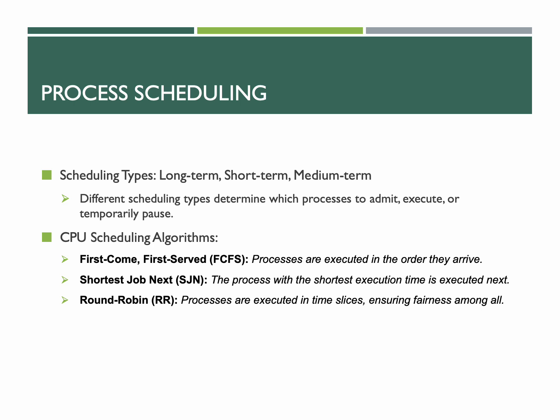It is efficient for batch systems, but it may cause starvation for longer processes. Last, we have round robin. Processes are executed in time slices called quantums, ensuring fairness by allowing each process to run for a fixed time. It is ideal for time sharing systems, but performance depends on the time quantum size.